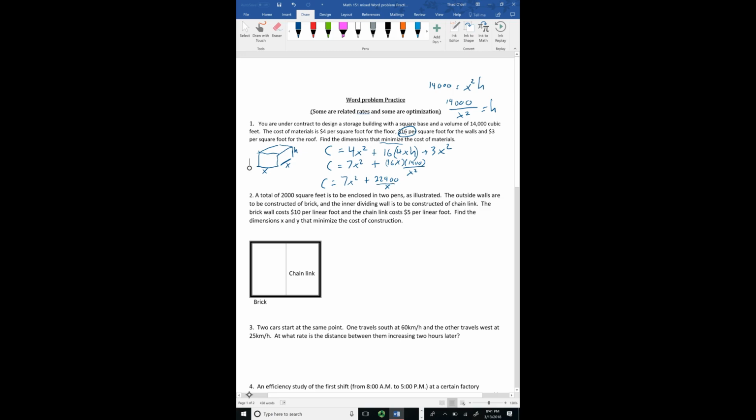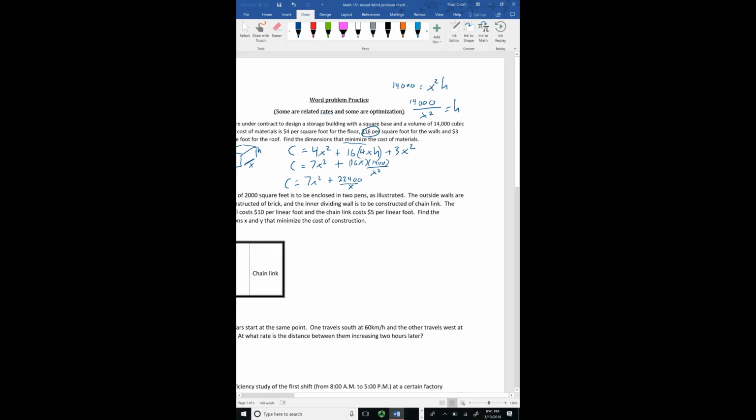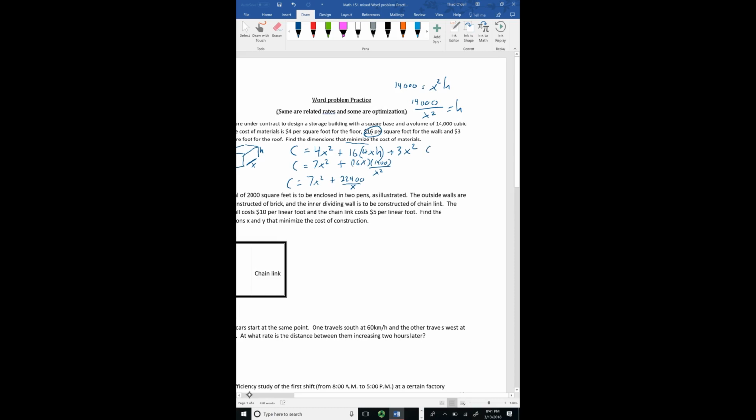So finally, we've got an equation that we can take the derivative of and set equal to 0. The derivative of that would be 14x minus 22,400 over x squared. Set that equal to 0, and I get negative 14x is equal to negative 22,400 over x squared.